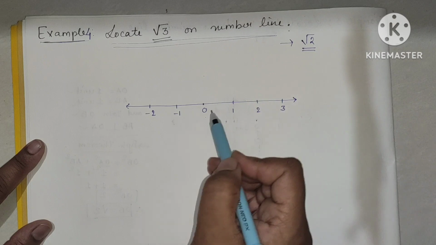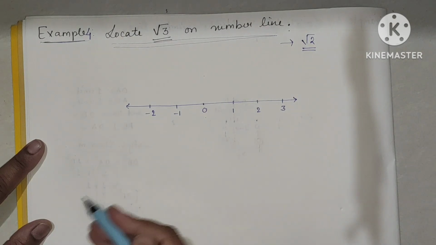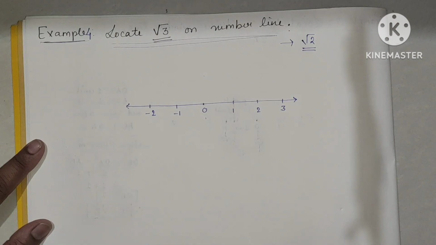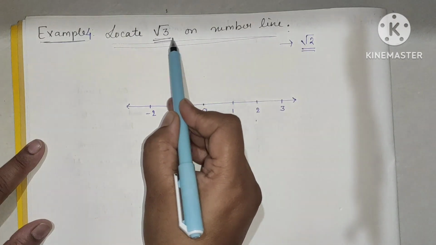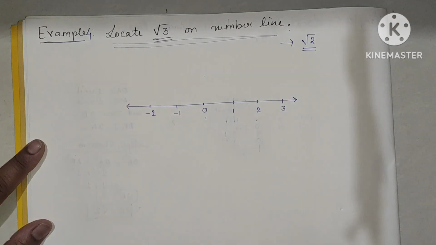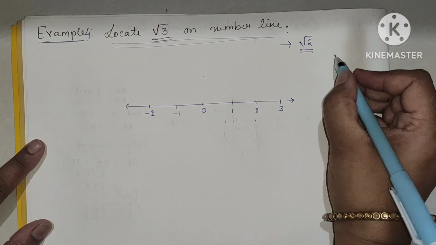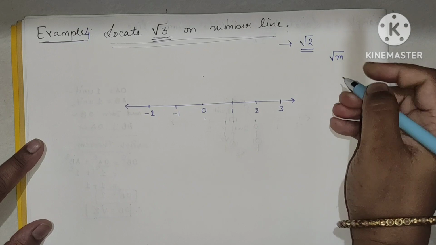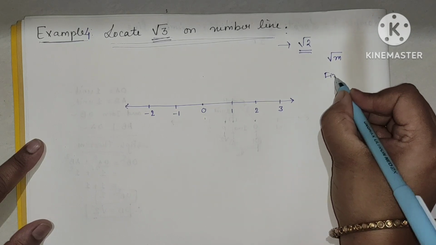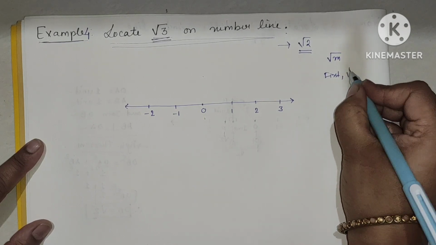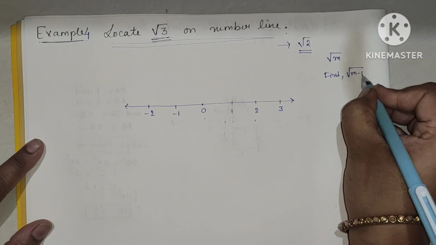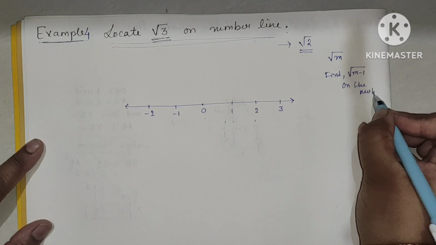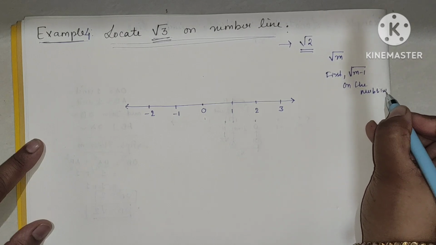Now, before plotting the numbers, we'll first discuss one method for finding the numbers after root 2. If you are given m, then first you will have to find m minus 1 on the number line.